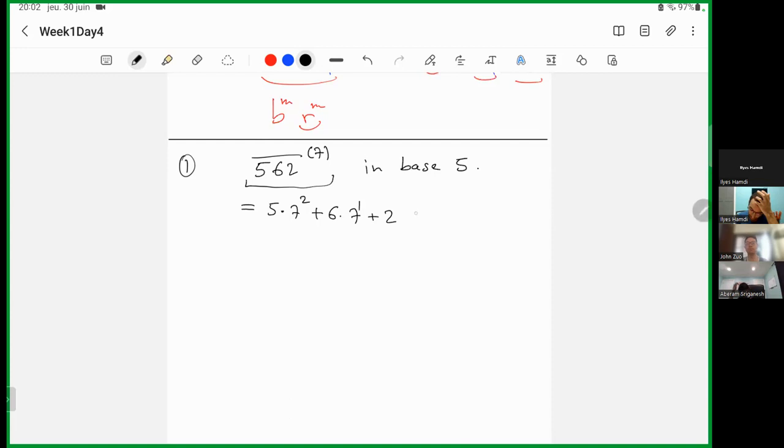So what's the number? What is it equal to? Yeah, 289. Perfect. So of course, it's 289 in base 10, but it's 289. And now I want to write it down in base 5.